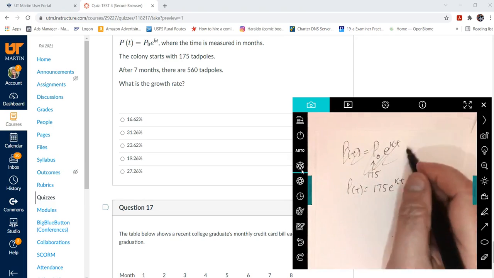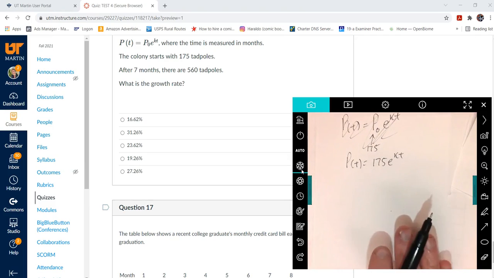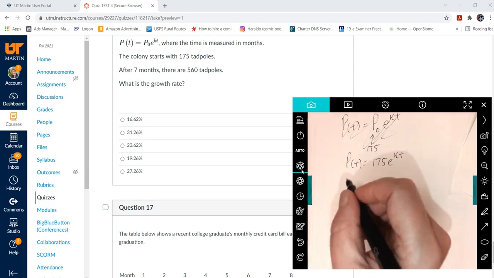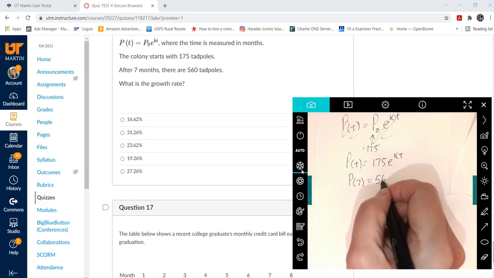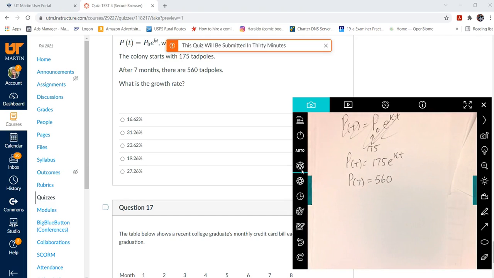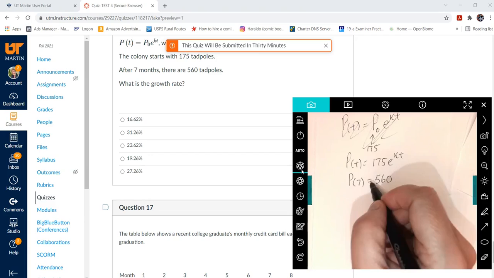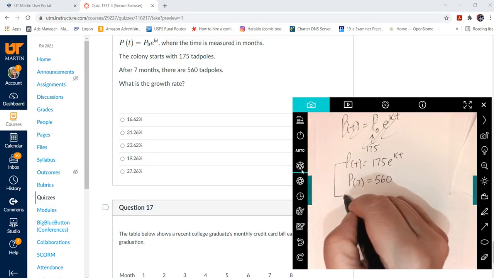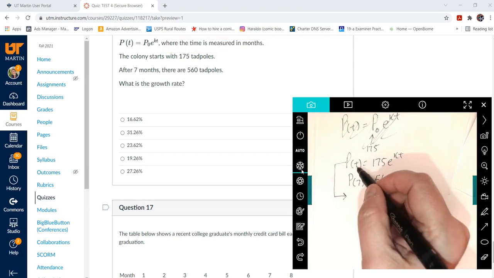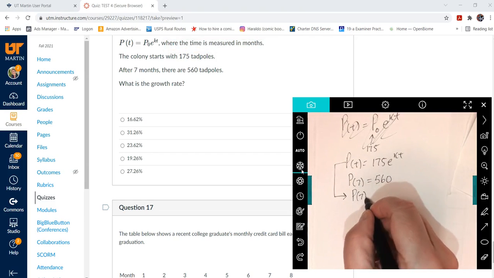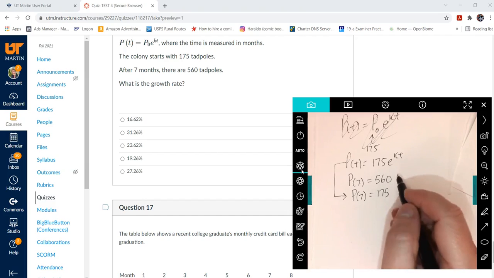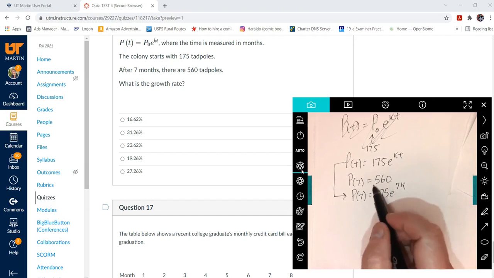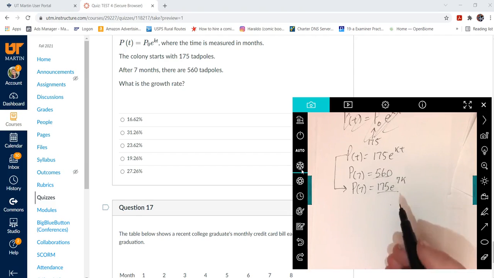Okay, so I don't need that anymore. After 7 months, there are 560 tadpoles. The population after 7 months is 560. And I'm going to take this formula and purposefully put t equals 7. So I'll have 175 times e to the power of k times 7, which I'll write 7k. These two are the same thing, so put them equal to each other.